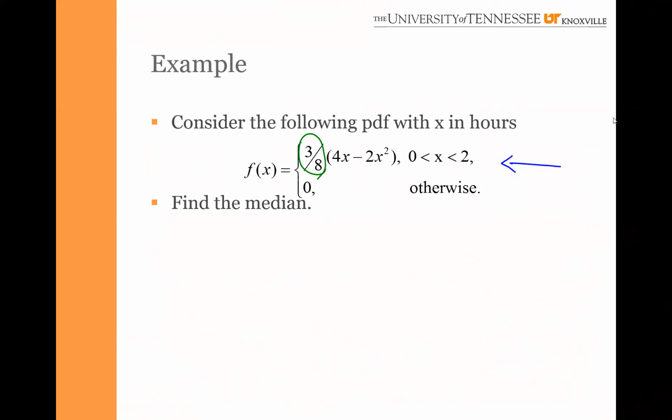So we estimated what that c should be, which we got to be 3/8. Now I'm asking you to find the median for this random variable. Let me know if you have any questions.